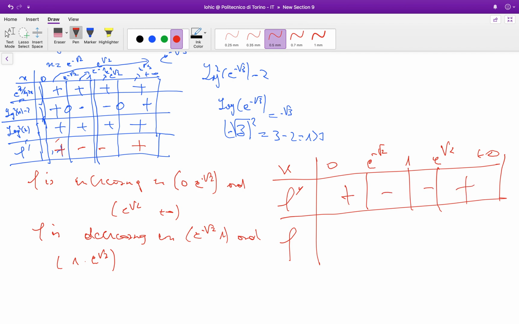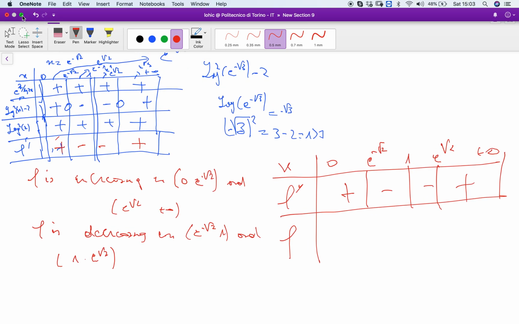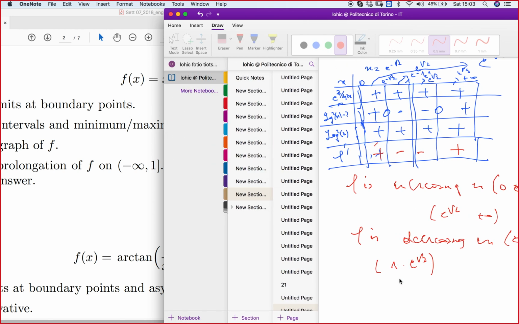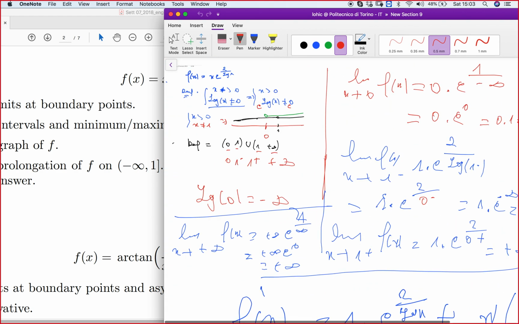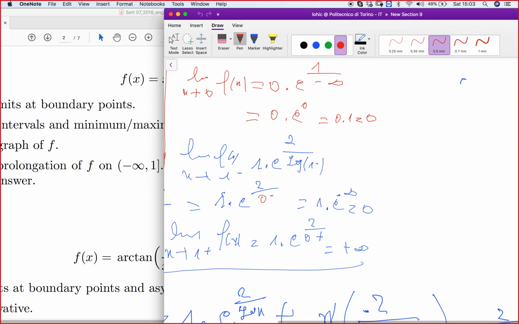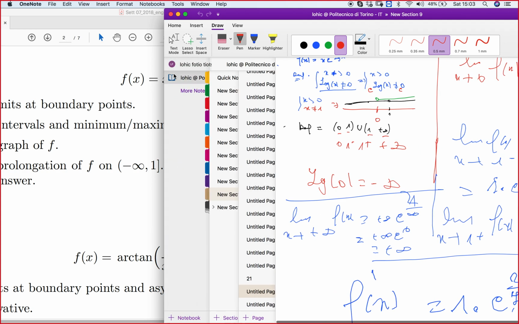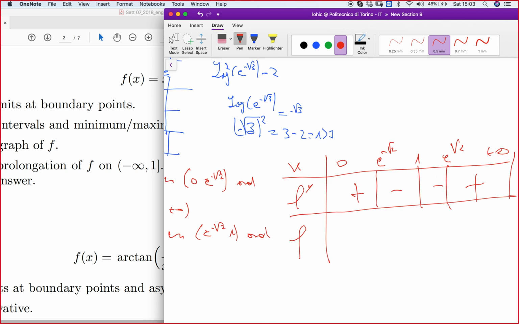So for the function, the limit at 0 was, we did it somewhere. Okay, in fact it is here. Yes, the limit at 0 was 0. Now let me go back to our table. So the limit at 0 was 0. Then we need to do f of exponential of minus root 2.